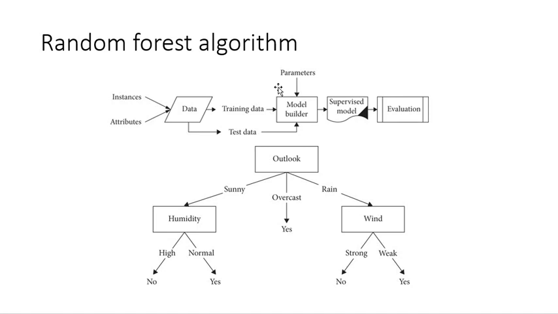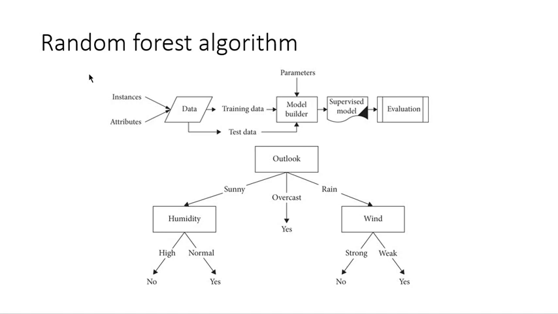The random forest algorithm is a supervised algorithm where we have to use the different instances and attributes to determine what is happening in the algorithm. So they are going to take the instances and attributes of the data and train the data. We have to train the data in supervised learning.